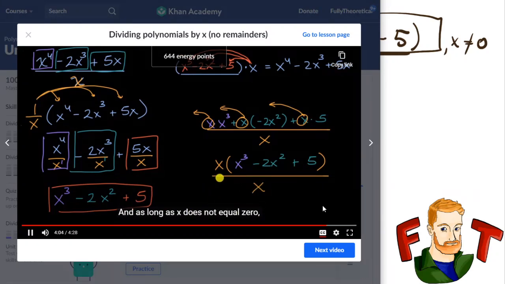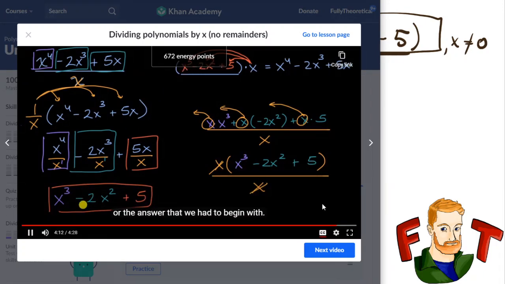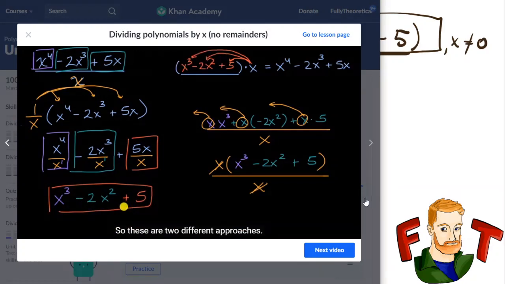And as long as x does not equal 0, x divided by x is going to be equal to 1, and we're left with the answer that we had to begin with. So these are two different approaches. Nothing super sophisticated here. When you're dividing by x, you're just saying, hey, that's the same thing as multiplying every term by 1 over x, or you can factor out an x out of the numerator, and then they cancel out.